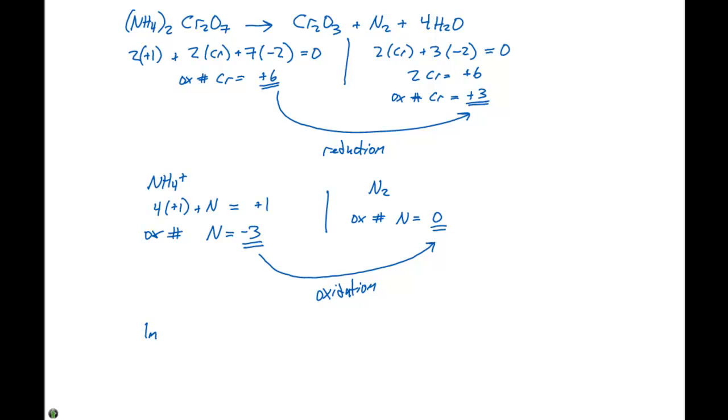So in this reaction, chromium is reduced and nitrogen is oxidized. And one of them would not happen without the other. So this is how you would investigate various reactions and assign oxidation states to each of the species in a particular chemical reaction.